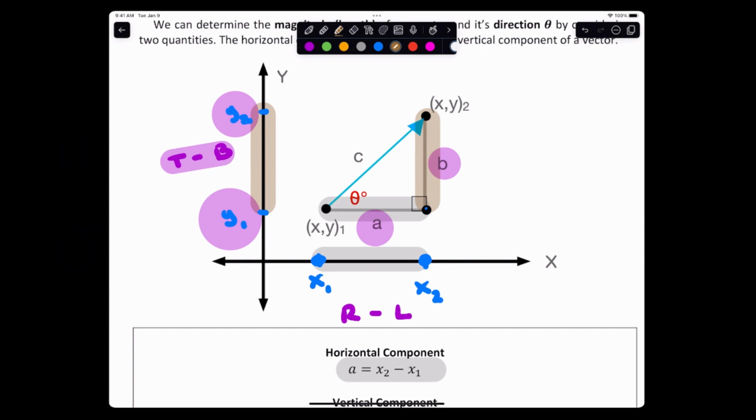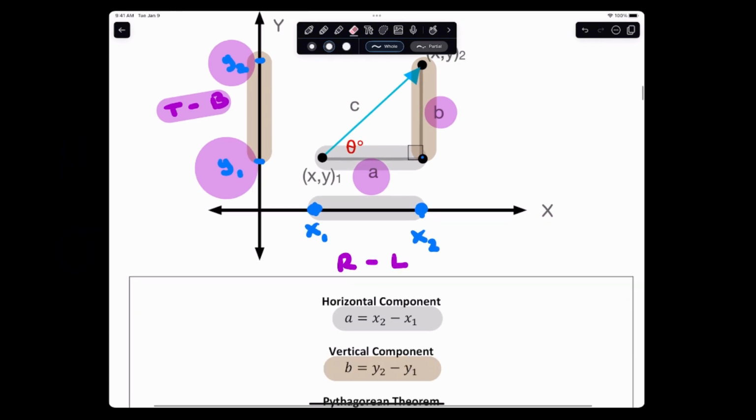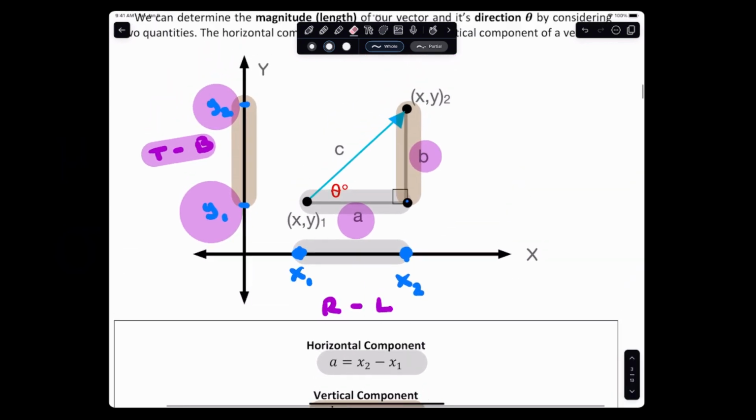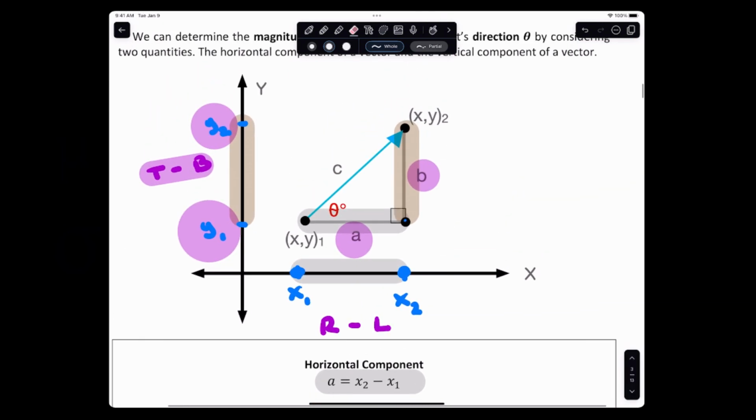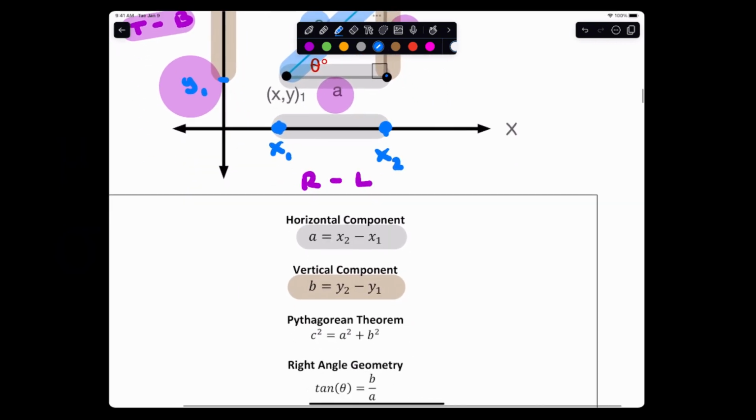All right, you get the horizontal and the vertical components. Now, you guys know by now, this is A, this is B. If I want to find the magnitude of my vector, this length, right, is C. What do we use? The Pythagorean what?